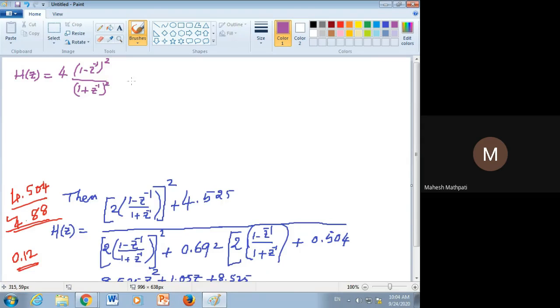Then plus 4.525 divided by, this is also the same, again 4 into 1 minus z inverse square divided by 1 plus z inverse square, plus, can you tell me this value? 2 into 0.92, does anyone have a calculator? Just tell me that.